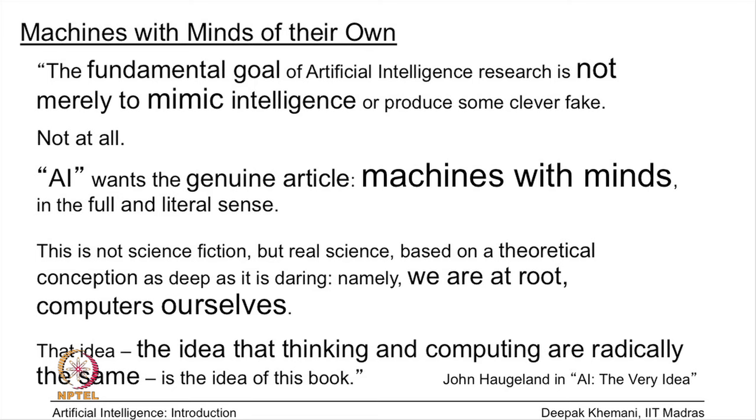He says that the fundamental goal of AI is not merely to mimic intelligence or produce some clever fake of intelligence. He says that is not the goal at all. AI wants the genuine article, machines with minds of their own in the full and literal sense. Now, it is a very interesting question, and we will debate it today a little bit in the class as to what we mean by intelligence and can machines have it.